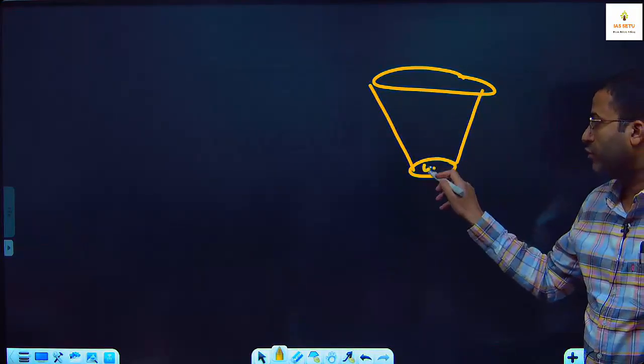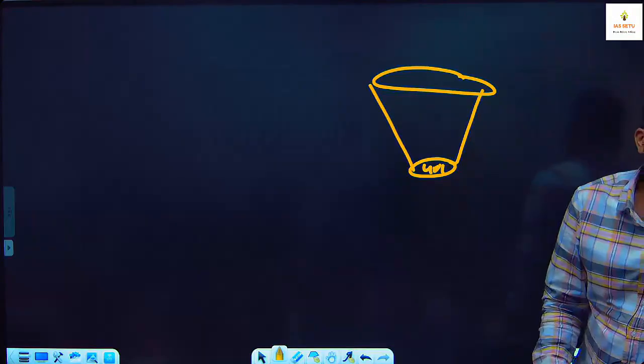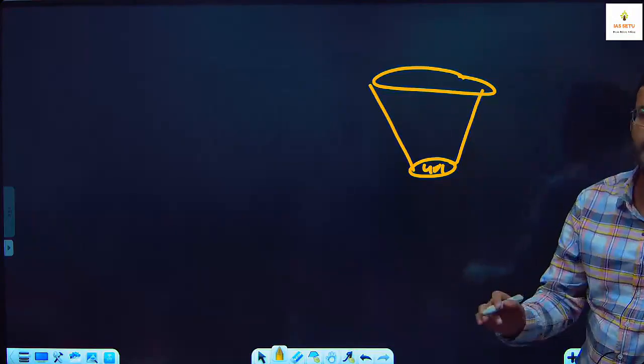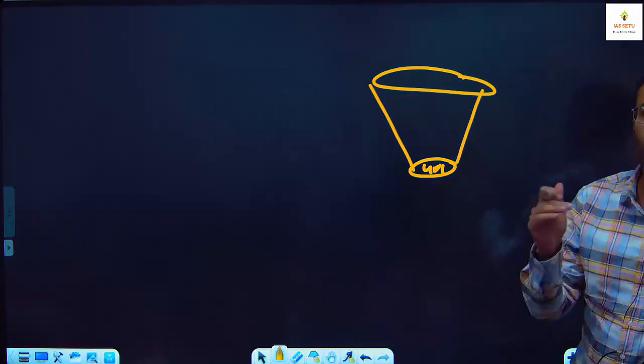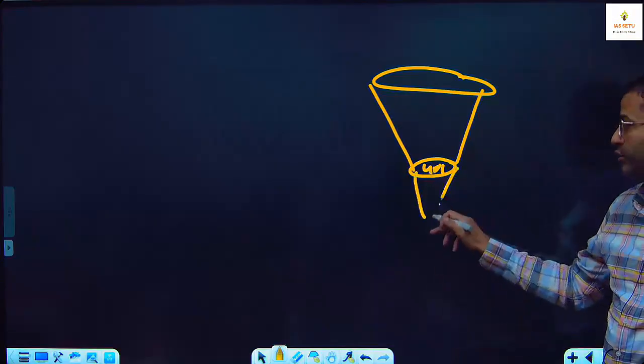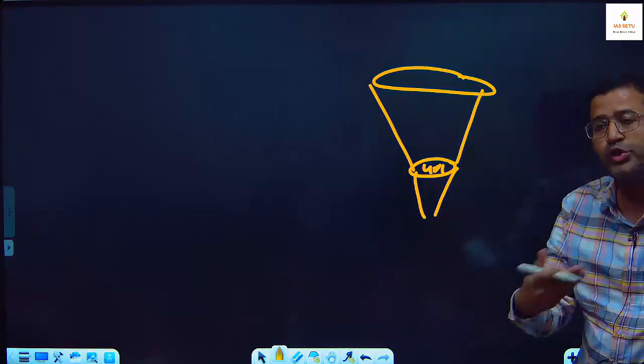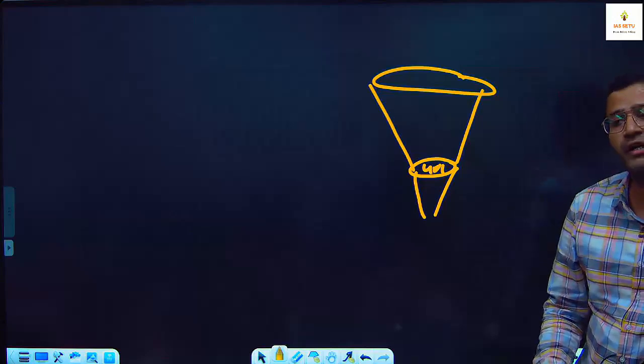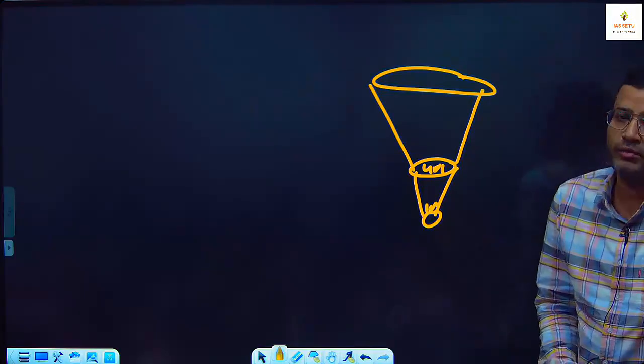So this is the funnel. Then you have to work on the 40%. Write, read loudly, again write, read 2-3 times, then repeat the process. Then when you try to recall, you will find only 10% of the values are still not remembered. If you do this exercise, you will be able to remember this table.